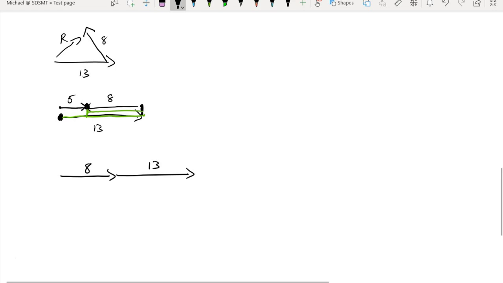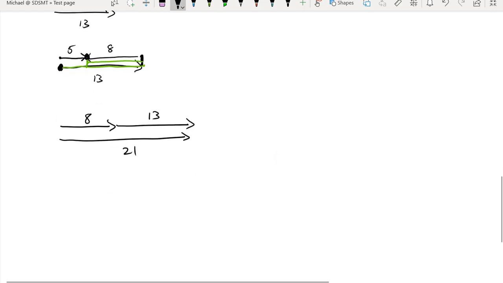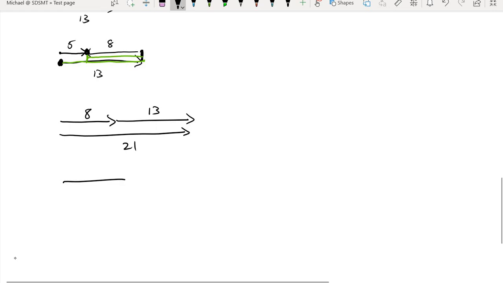Okay, well, in the first extreme case, 8 and 13 added one after the other in the same direction is still 21, but 8 and in this case negative 13, we would add a negative vector that still has a magnitude of 13. This is going to result in a vector of negative 5.